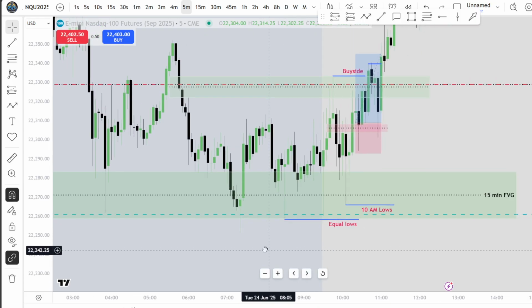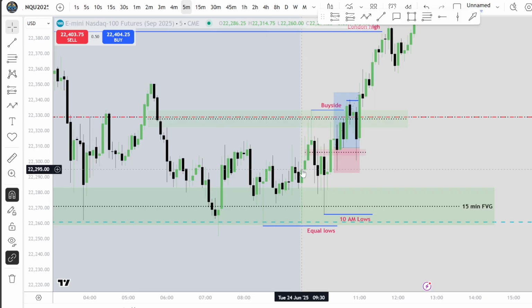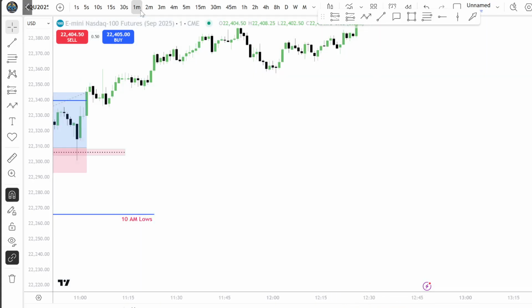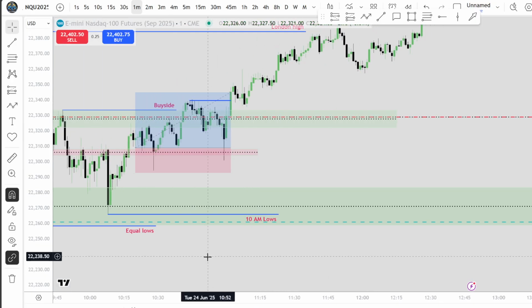During the pre-session, we just consolidated around and above this 50-minute fair value gap. When we went into the start of this session, we made a first percent fair value gap that was used during the whole AM session. And at the 1 minute, which is my go-to for trading, we can see the following.